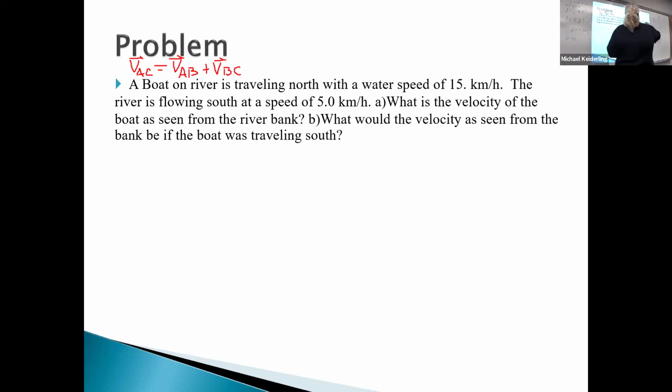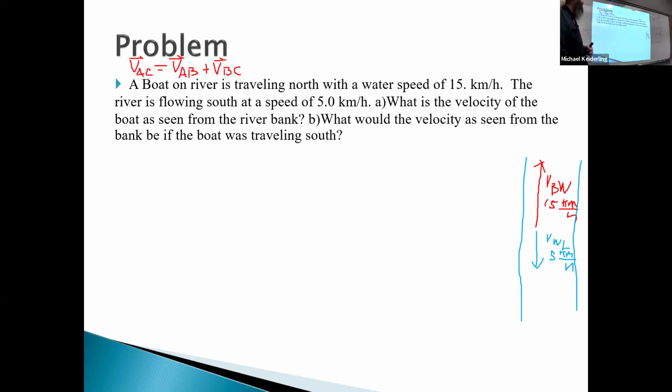So this is the velocity of the boat with respect to the water, and this is the velocity of the water with respect to the shore. But notice this is south, so this is negative if this is positive. What is the velocity of the boat as seen from the riverbank? And what would the velocity be as seen from the riverbank if the boat was traveling south?